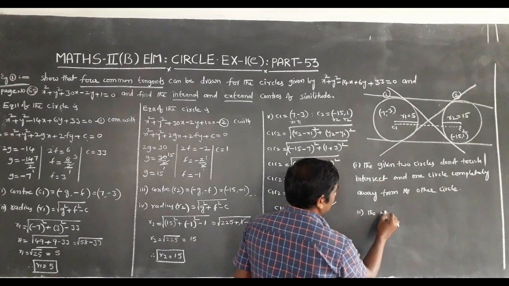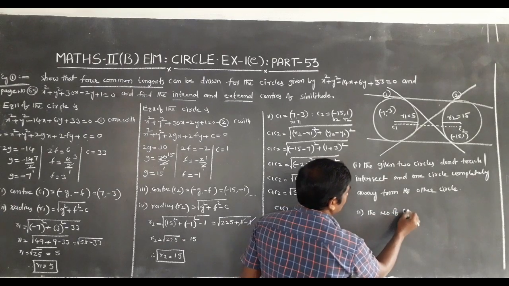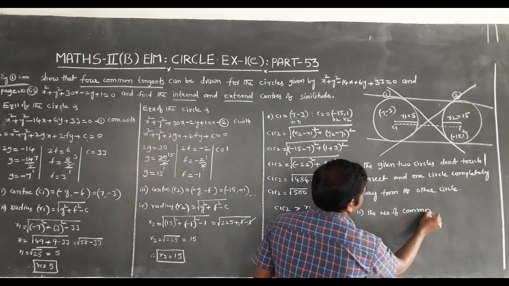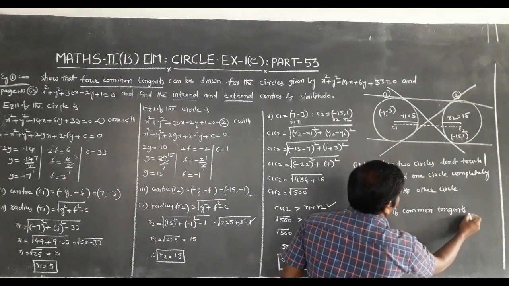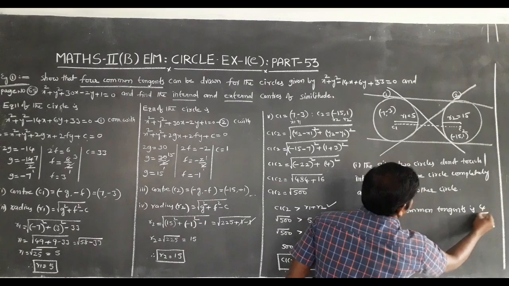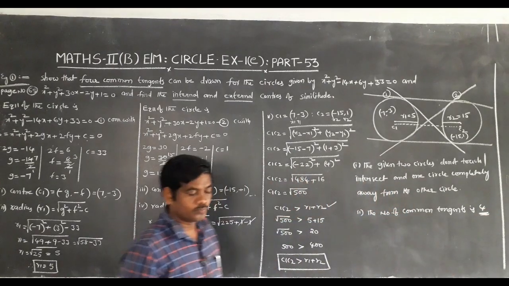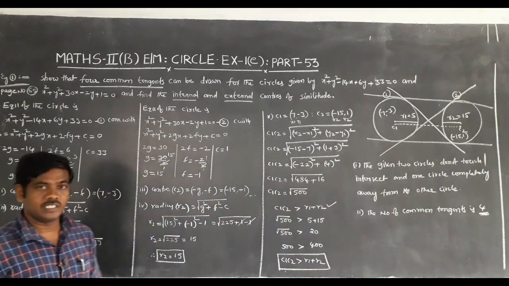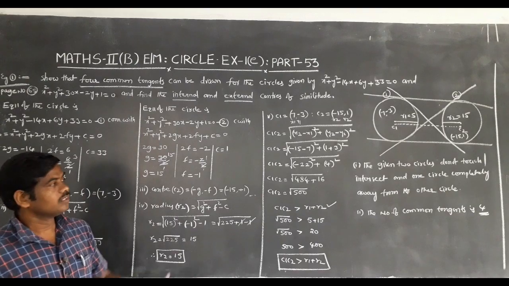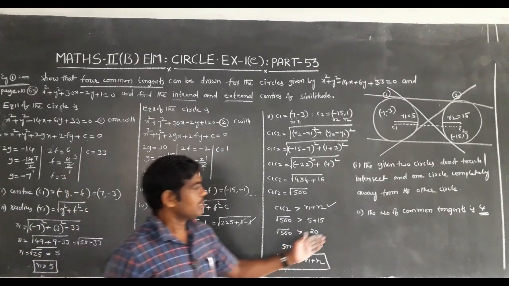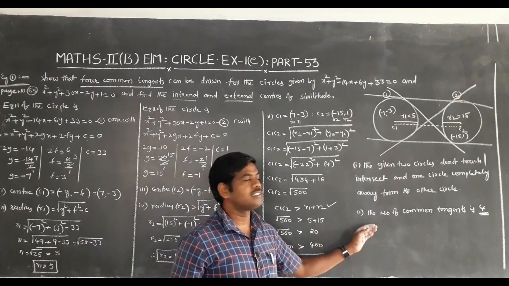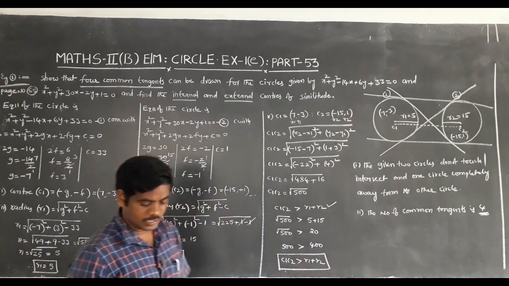Therefore, the number of common tangents is 4. This is the relative position and number of common tangents of the given circles.